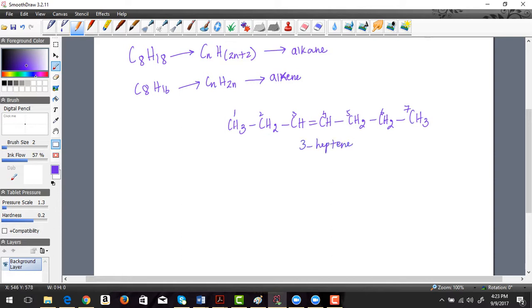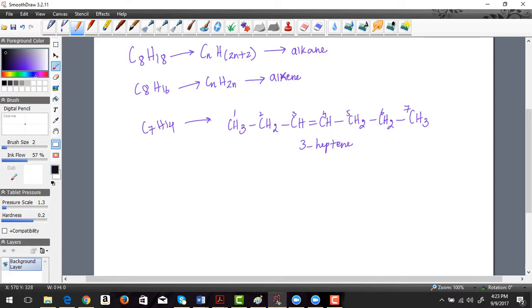Now something I have not taught you is that this compound contains a double bond. This must be C7H14.